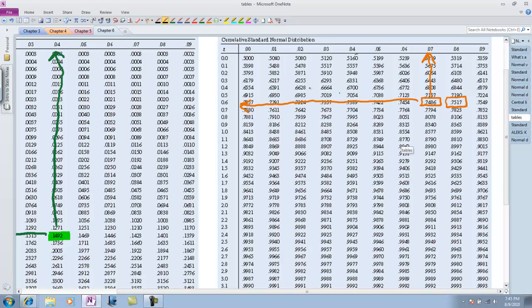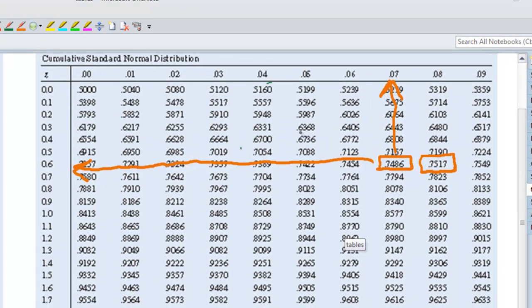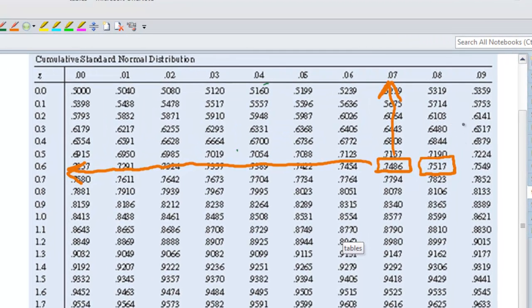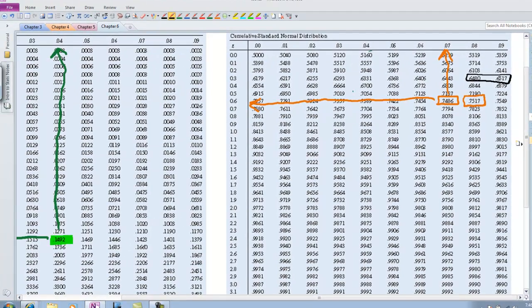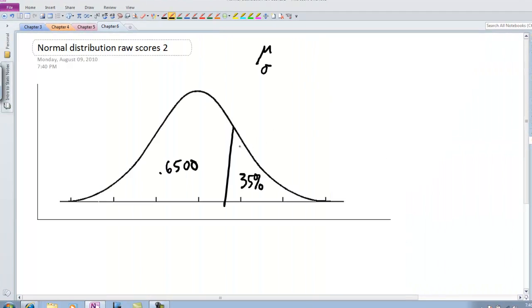Let's see, 0.6500, is there one close? 0.6517, 0.6480. So it looks like it's in between these two, which is 0.38 and 0.39. So we can say it's about 0.385, my estimate based on the table. So we could say this happens at z equals 0.385.